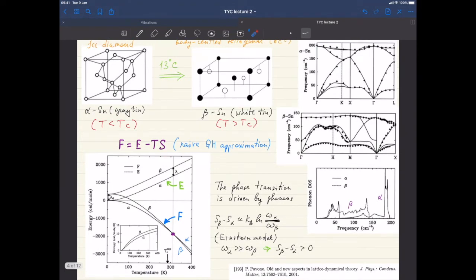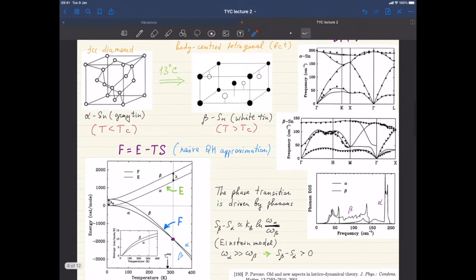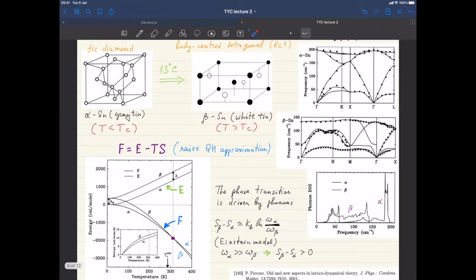It was about 20 years ago, where they considered a phase transition from alpha-tin to beta-tin. So this is alpha-tin, which is FCC diamond structure, and this is beta-tin, body-centered tetragonal structure.